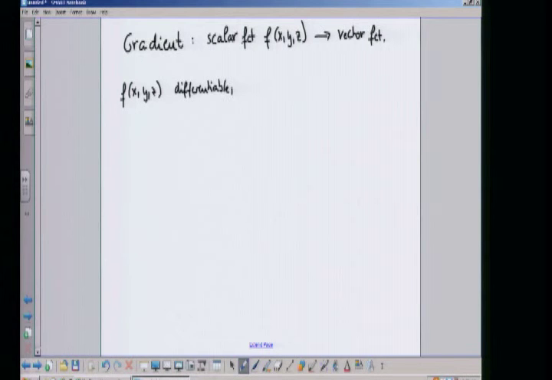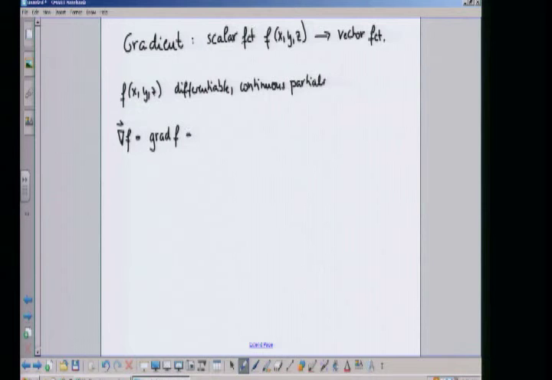and we require that it has continuous partial derivatives, then we can write down the gradient. Partials I use as abbreviation for partial derivatives. We can write down the gradient, and the symbol is this nabla sign. Gradient of f, or sometimes I write grad f.